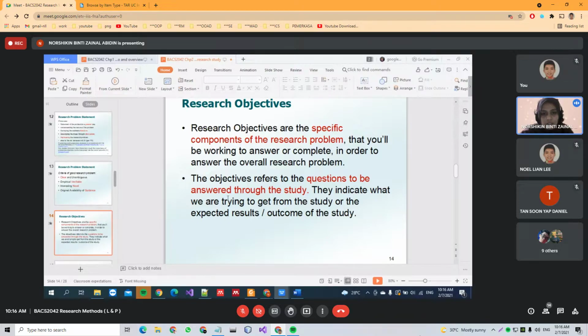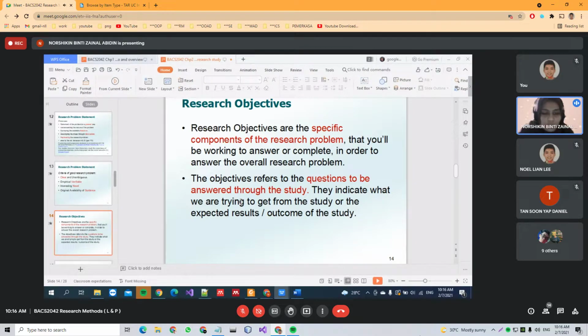So that refers to the question to be answered. Usually in research you have more than one objective. So for each objective, you will have a question, known as a research question, that you want to answer.